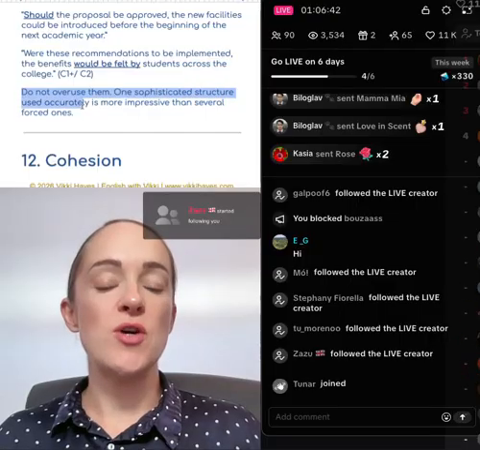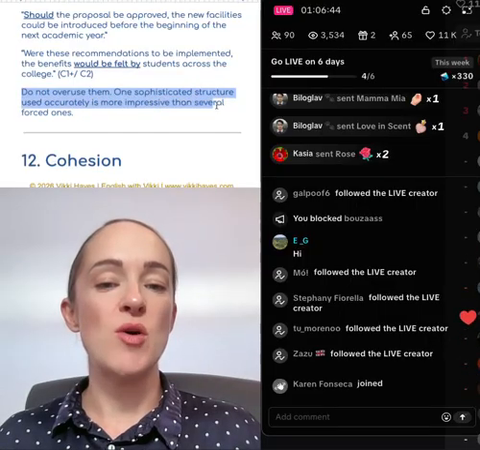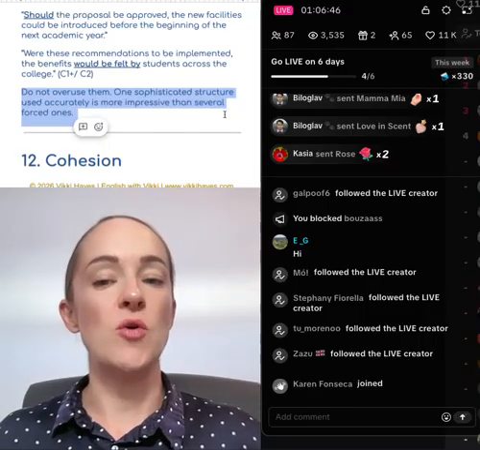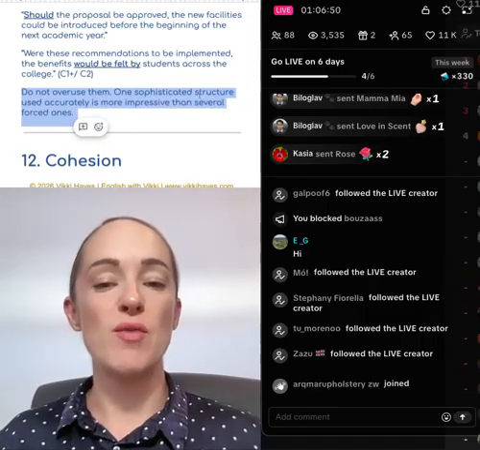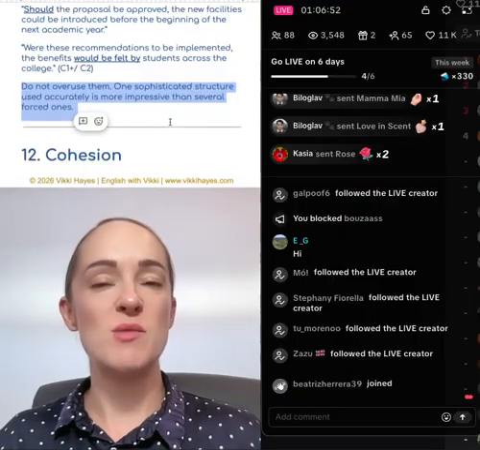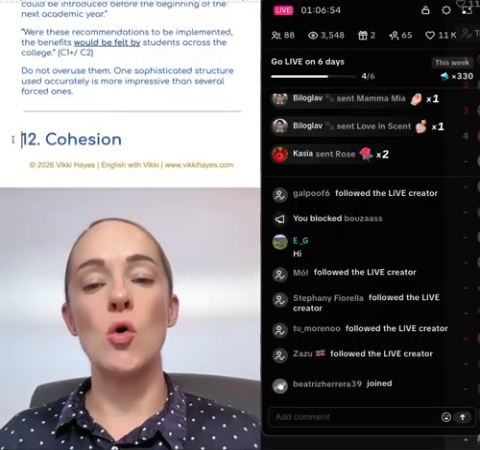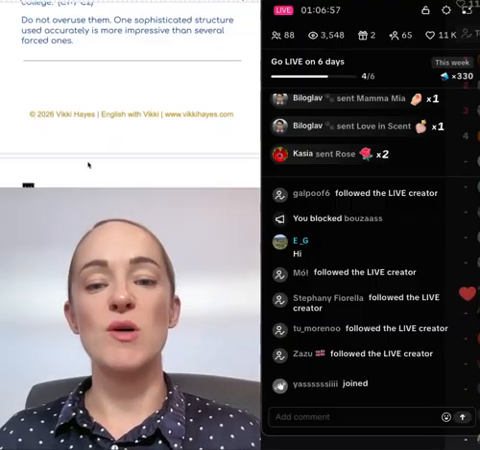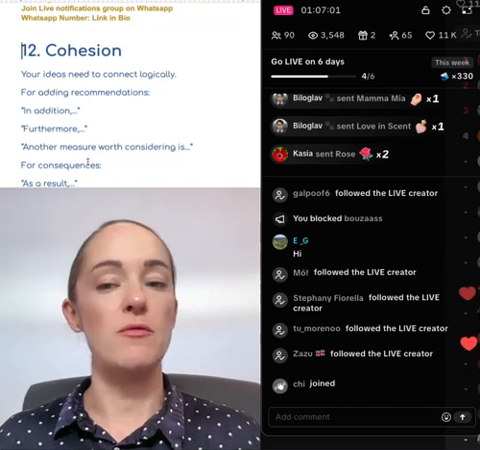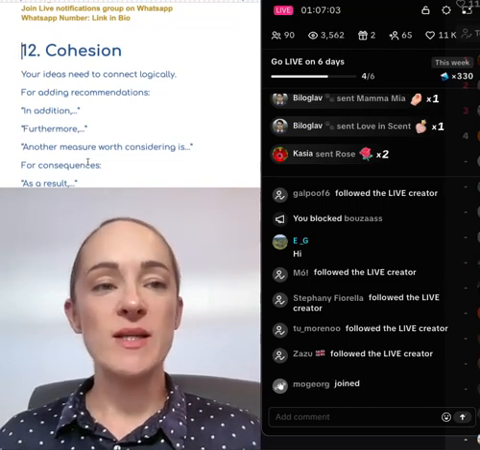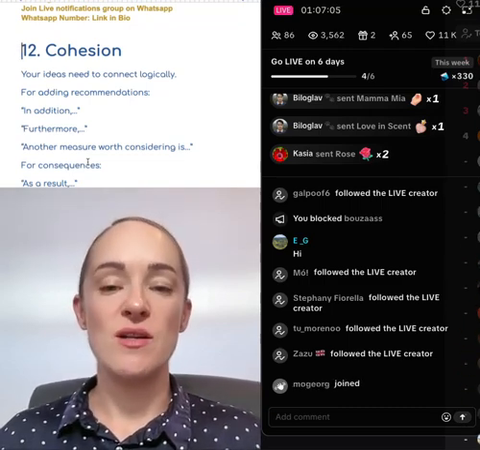One sophisticated structure used accurately is more impressive than several forced ones. This is very true. One inversion per piece of writing, maximum 2, is perfect. More than that, it's overkill, and you're relying too much on inversions when there is other language that you should be showing off. Okay, and the last point then is cohesion.